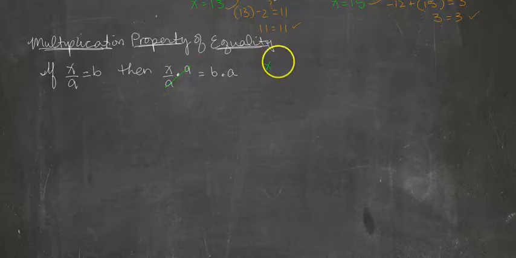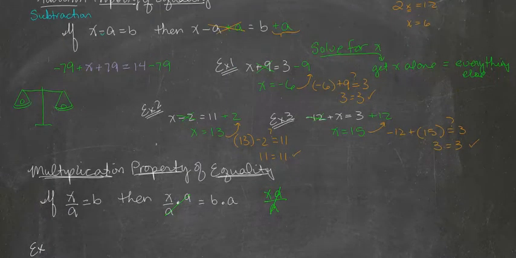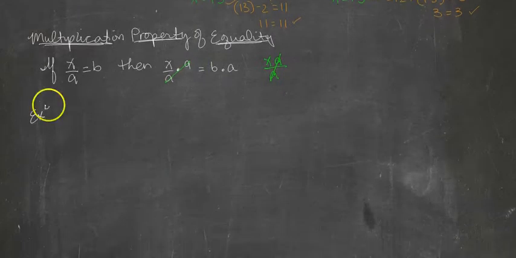Because x times a over a, you can cancel the a's. And on the other side, I made the reciprocal appear. Okay, so let's do a couple of examples of those then. What example number are we on? 4.